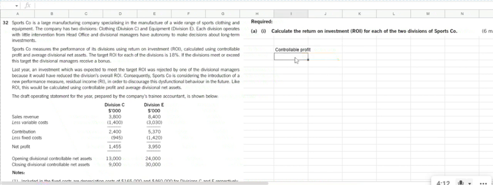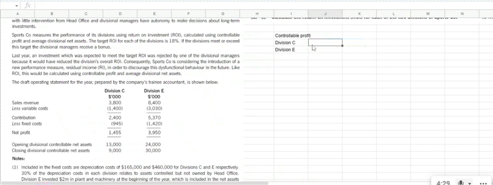Controllable profit one is for division C. The other one is for division E. Let's do the first one. So for division C, over here the net profit is given as 14,000.